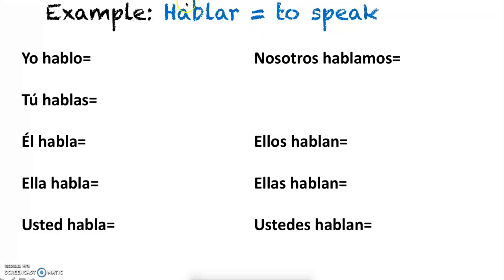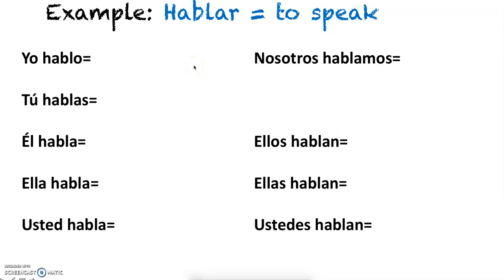This is my verb. We take off the AR and we're left with habl. After we take off the A and the R, that's when we add o, as, a, amos, and an. So let's see what these mean.